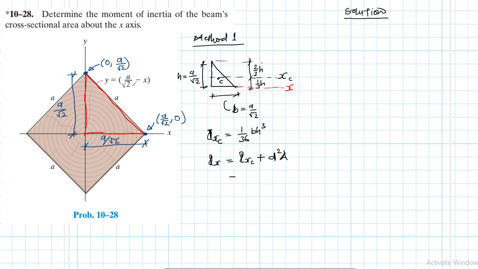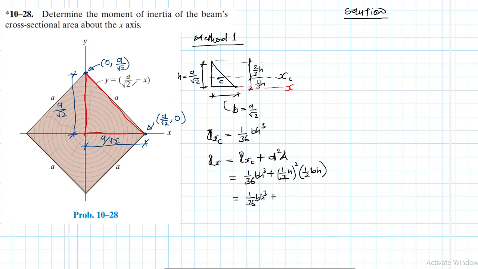So if we work this out, we have 1/36 bh³ plus our d here, which is just 1/3 h, squared, and then our area, which is just 1/2 bh.